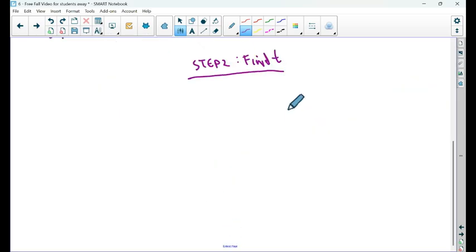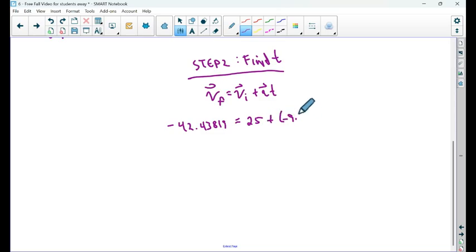Now, I want to find time. That's going to be kind of easy because I can use this nice, easy equation. That's equation number 2. Final velocity is negative 42.43819. Again, we realize why vector signs are so important. Equals 25 plus acceleration, negative 9.8, times time. Now, this is probably looking familiar to the thing on the last page. It's in fact the same equation.